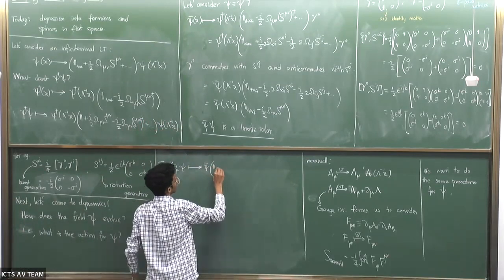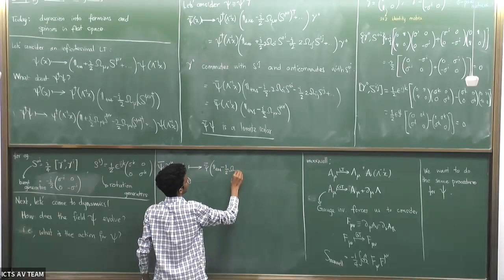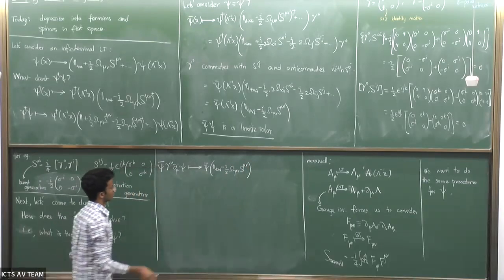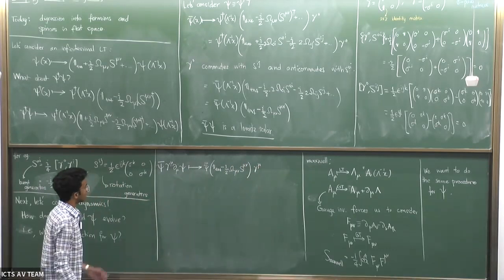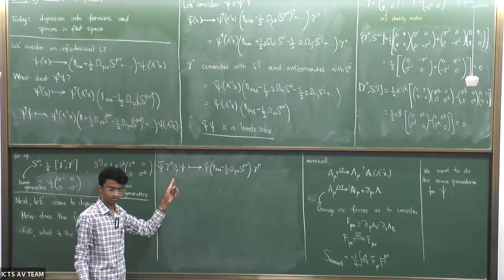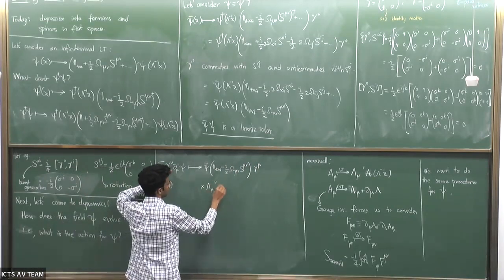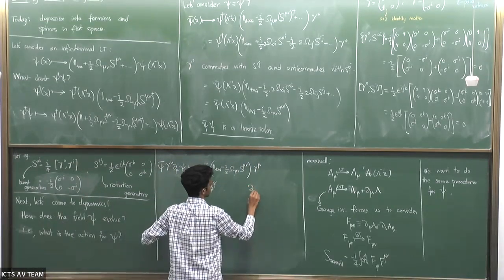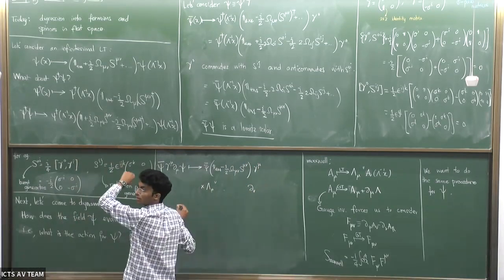Just identity, 4 by 4, minus i over 2 omega mu nu S mu nu. Gamma mu just remains gamma mu. Del mu, remember, has to transform with the lambda, right? So you have lambda mu nu and then del nu and then psi, and psi transforms as that.